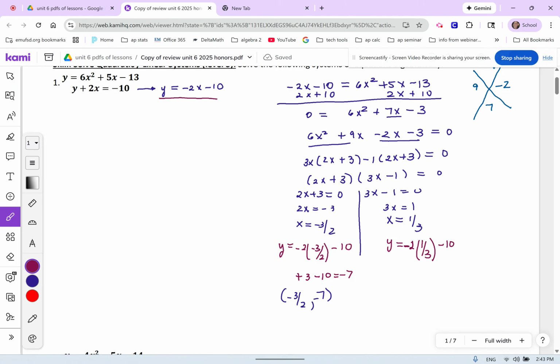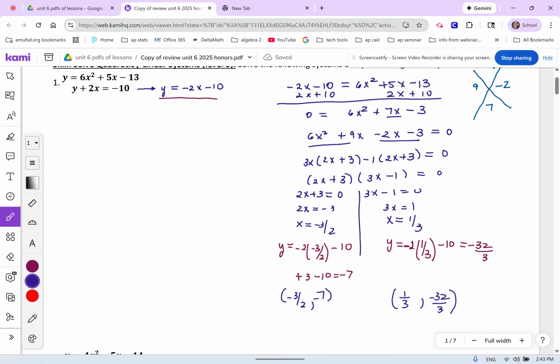And let me make that into a fraction. That's negative 32 over 3. And so my second point of intersection is 1/3, comma, negative 32 over 3.